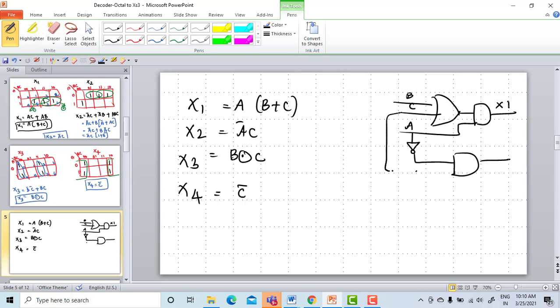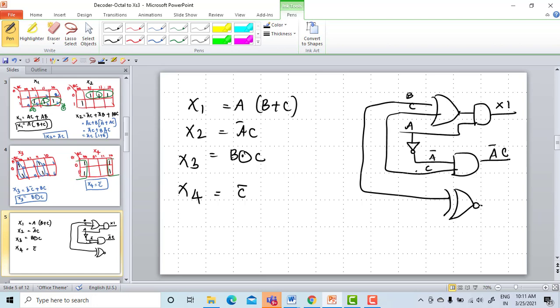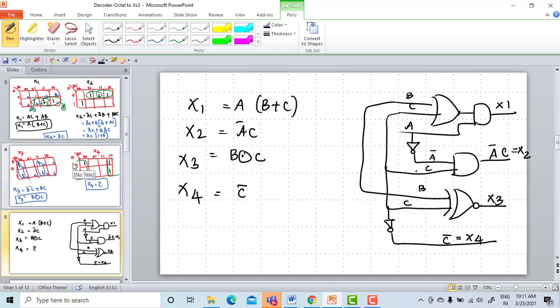This is C, this is A bar C, and then from here I can take B. It's an XNOR. Okay, so again B, C, and then if I take an inverter, this is C bar, which is equal to x4. This is x3, whereas this is x2. Okay, this is how we will be implementing the XS3.